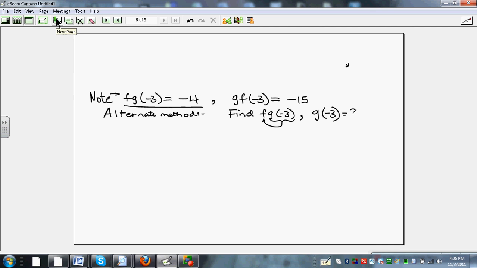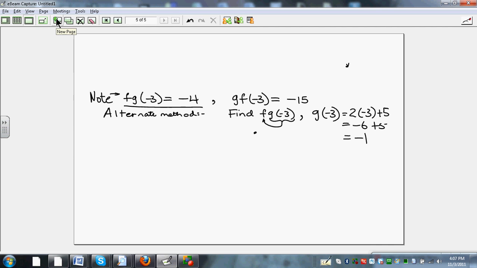So it will become 2 by minus 3 plus 5, minus 6 plus 5, which is equal to minus 1. That's what g of minus 3 is.